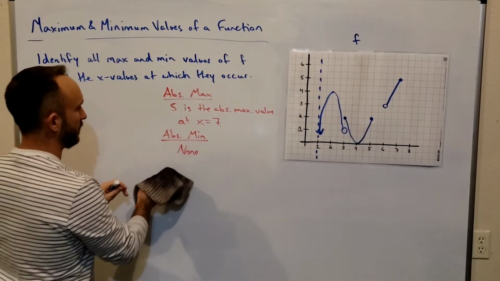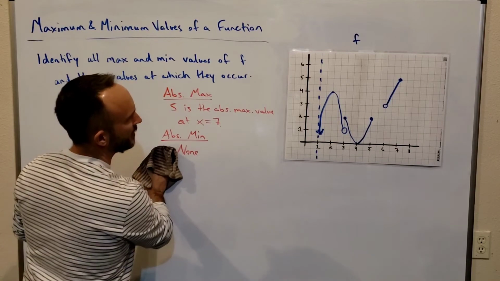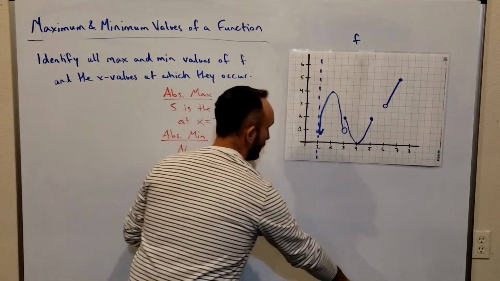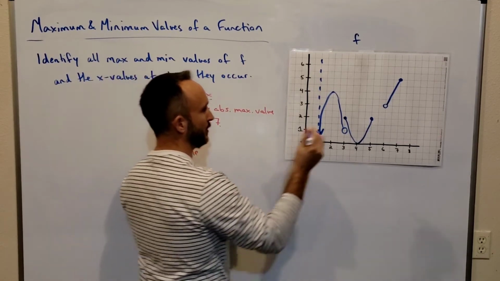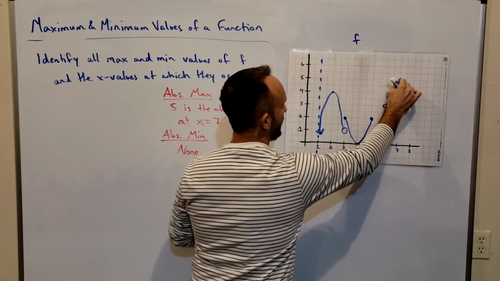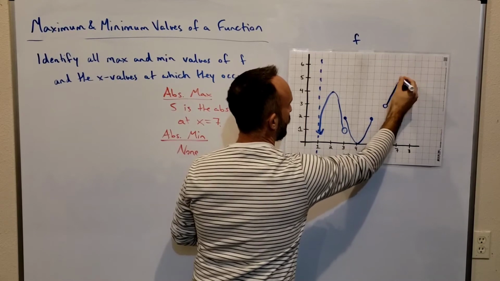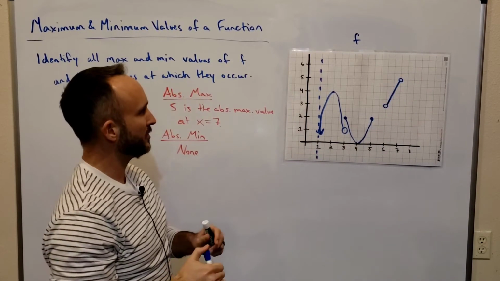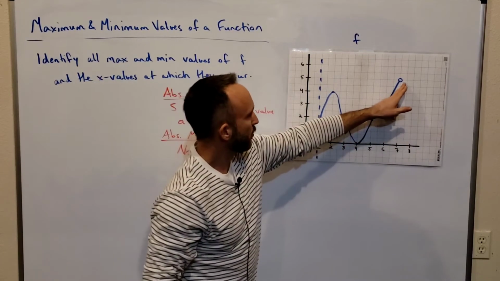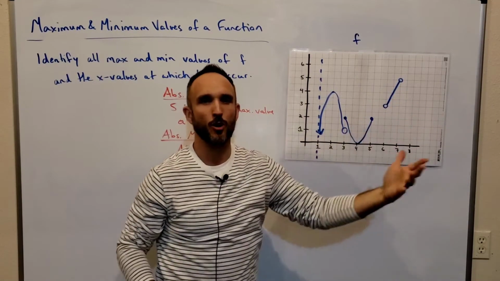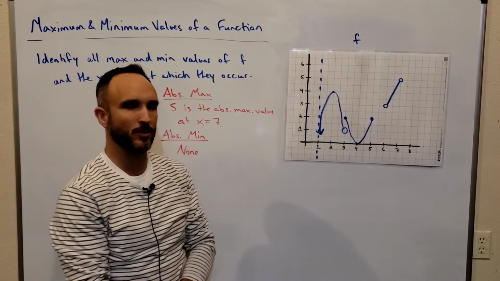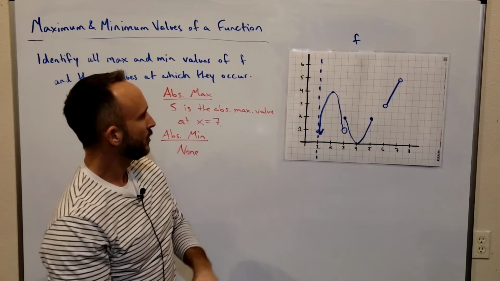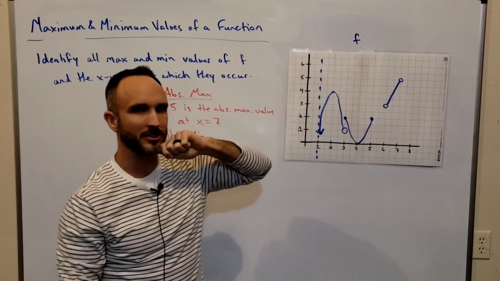So let's get rid of this. Actually, let me mention one thing here real quick. If for example this circle here was open, don't change your notes, just maybe make a little side note if you need to. But if this point at (7, 5) was an open circle, now that's an interesting question. What would the absolute maximum value be? What would the highest y value be on this graph?